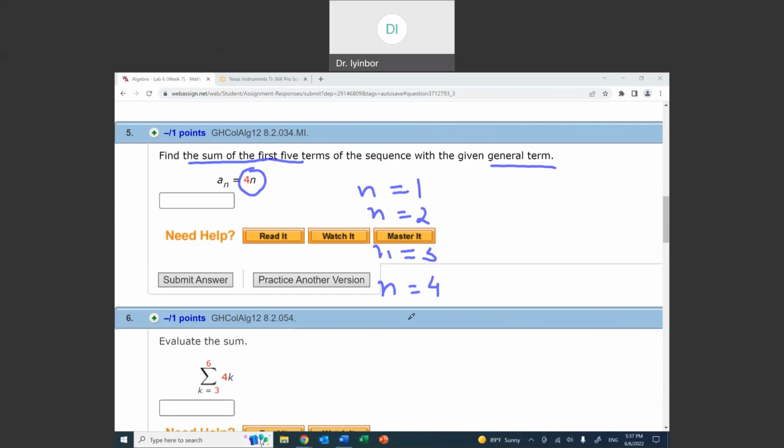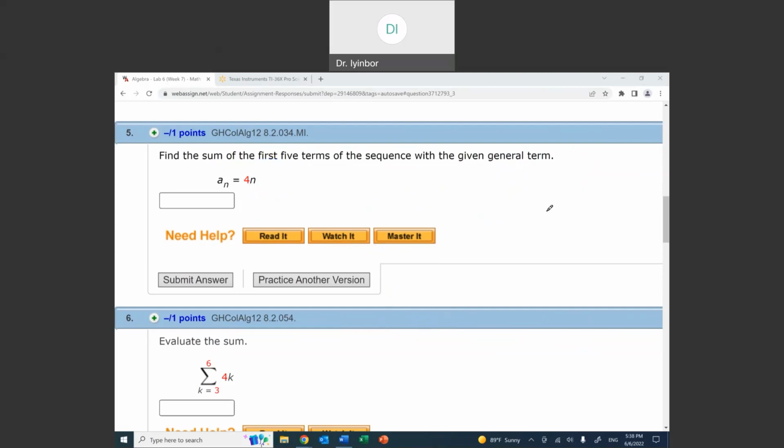And then what do you do with those 5 numbers? You plug them into the given formula. The formula is 4n. So when n is 1, I'm going to get what? 4 times 1, which is 4. The next one is going to give me 4 times 2 when I plug in n is 2. And that gives me 8.